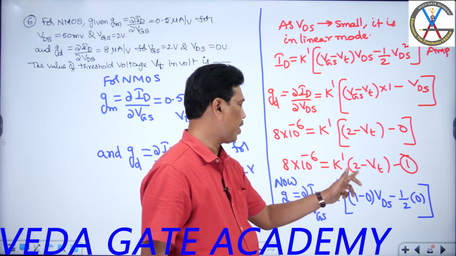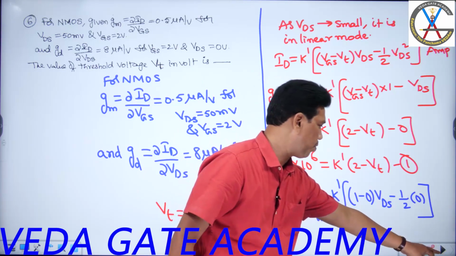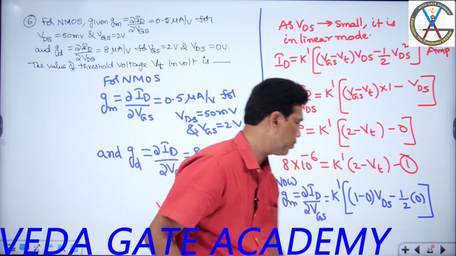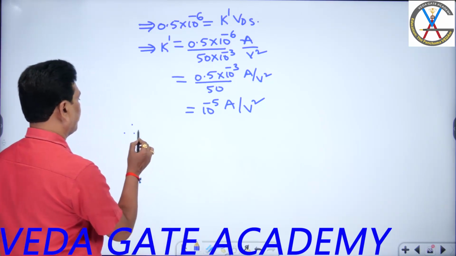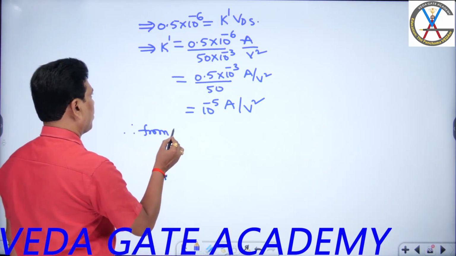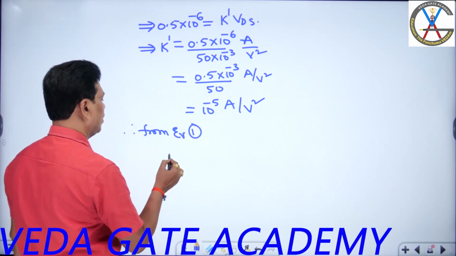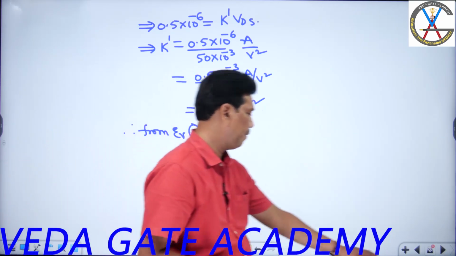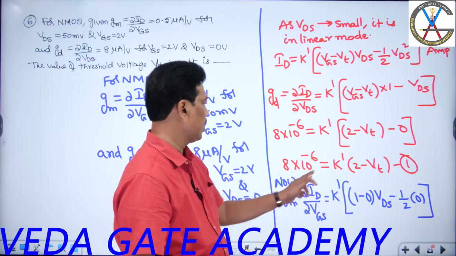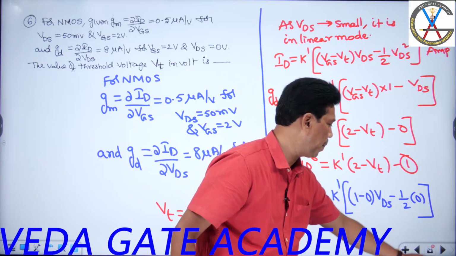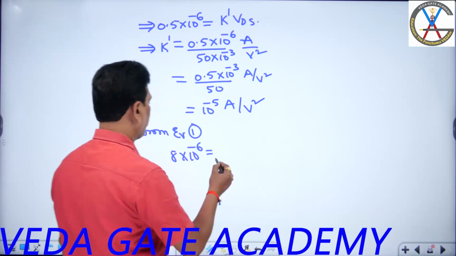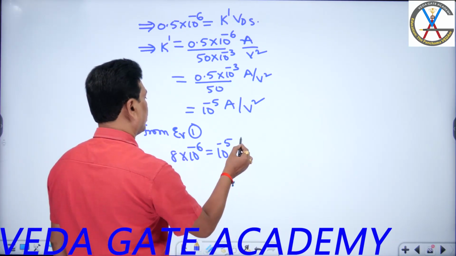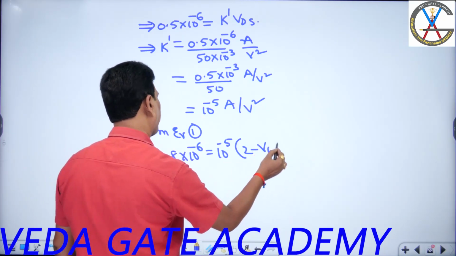Now I substitute that in the required condition. From equation 1, 8 into 10 power minus 6 equals K dash into (2 minus VT). K dash is 10 power minus 5 into (2 minus VT).